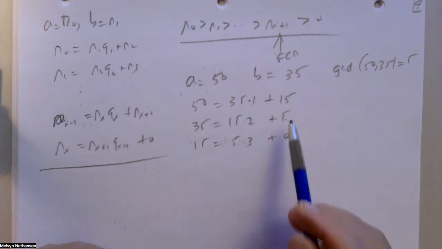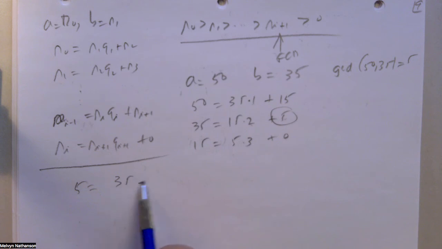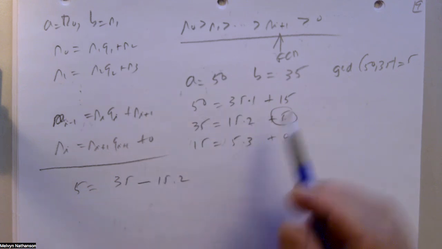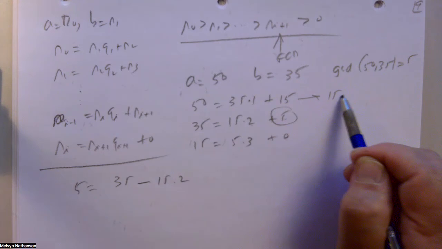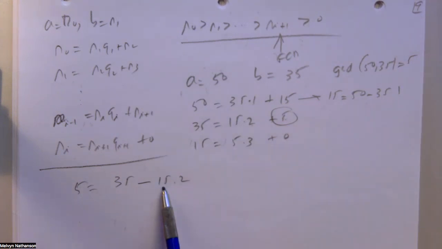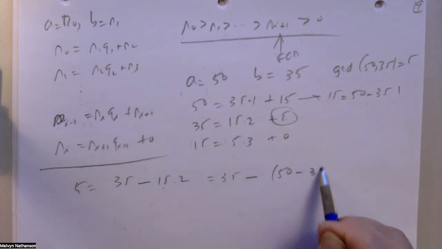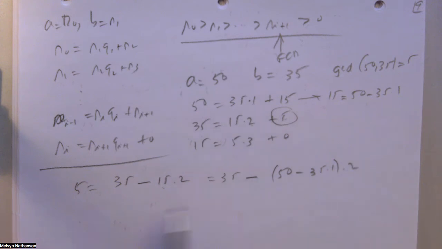But now I can take my 5 and I can work backwards. So 5 is 35 minus 15 times 2. But this says that 15 is 50 minus 35 times 1. Let me plug that in for 15 here. This is 35 minus (50 minus 35 times 1) times 2. That's 35 minus 50 times 2 plus 35 times 2.